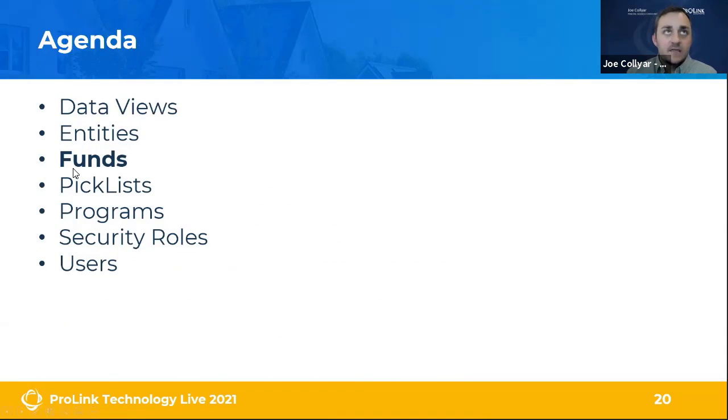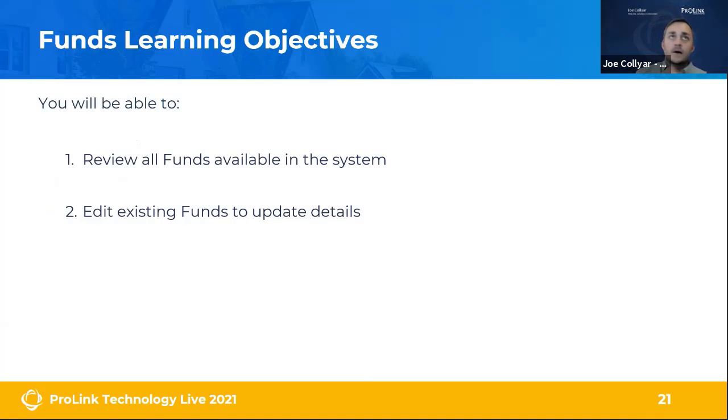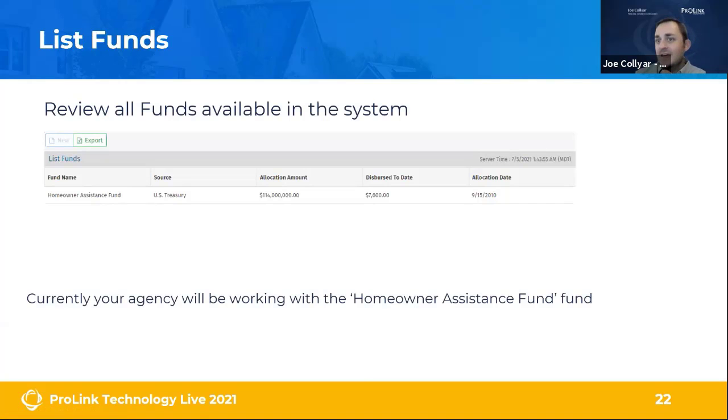Moving along to the next option, this is funds in the admin menu. And to be honest, there's not a lot you can do under funds. After we go through this, you'll be able to review all the funds that are available in the system and edit the existing ones to update their details. And as I say that, there's only one fund that the system is right now set up to handle, and that is the Homeowner Assistance Fund.